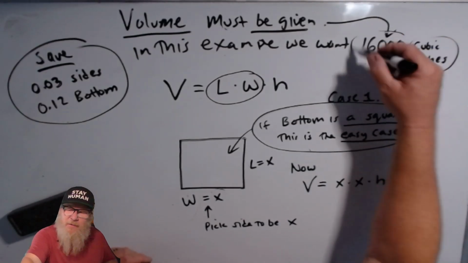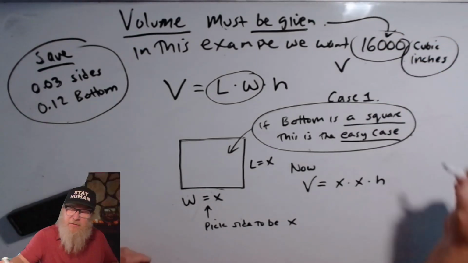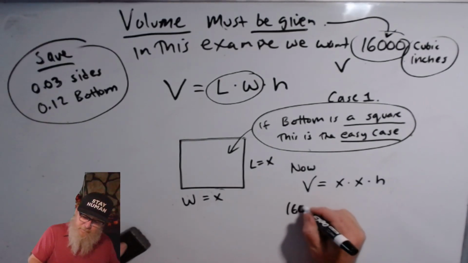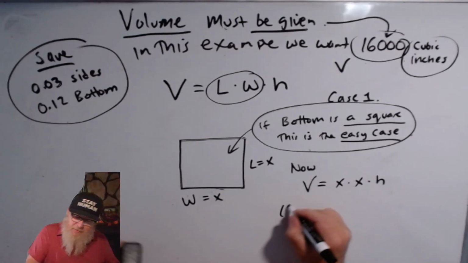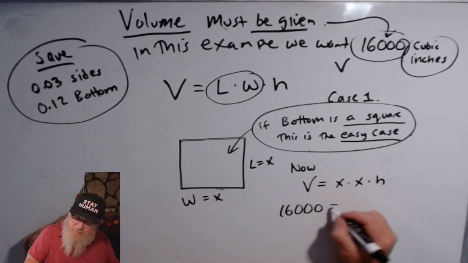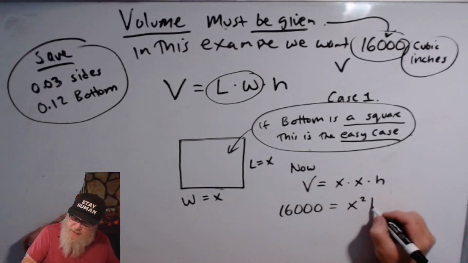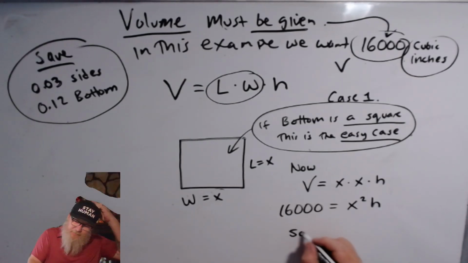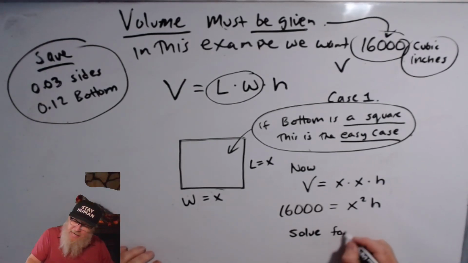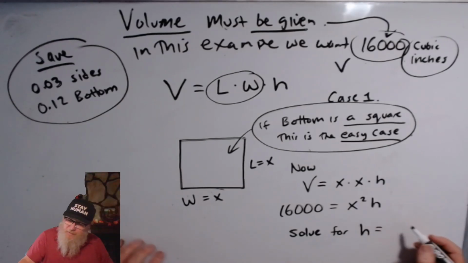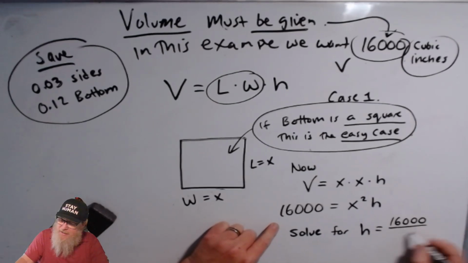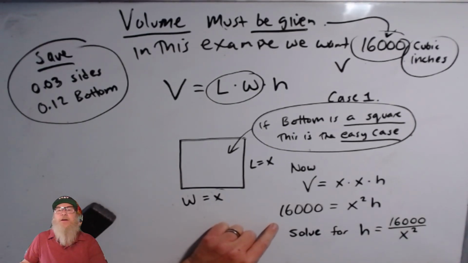And then I know that the volume is 16,000 cubic inches. So 16,000 becomes my V. X times X is X squared. And then now this gives me an equation for H. Just divide both sides by X squared, and you get 16,000 over X squared.